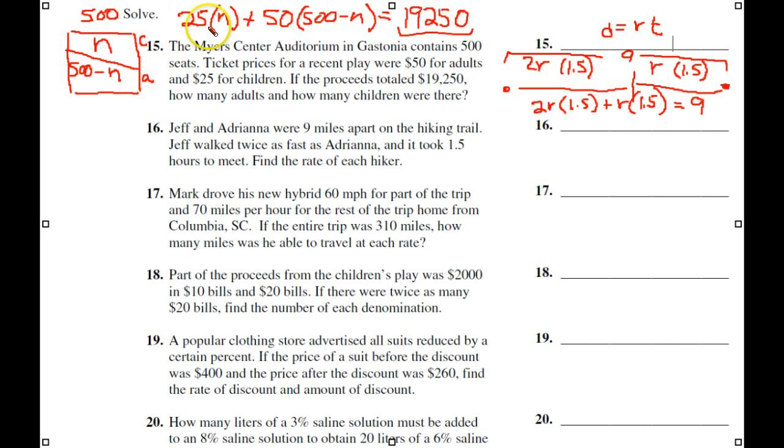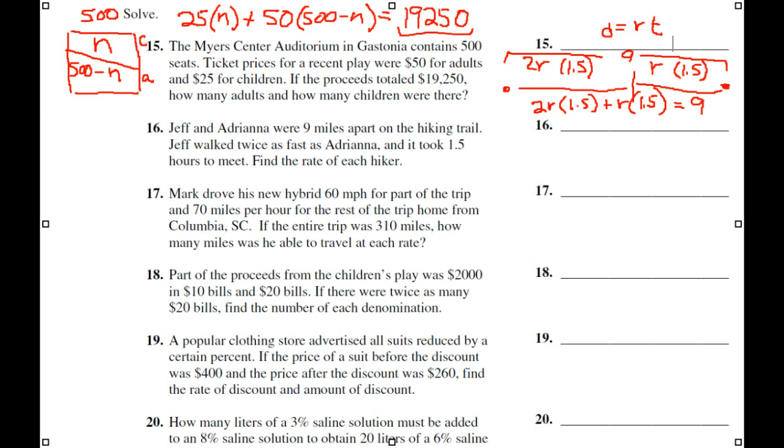So 25 times the number of children attending, 50 times the adults, which was the rest of the auditorium, and there's the total. So again, you do the algebra. You don't have to do any decimal points here.